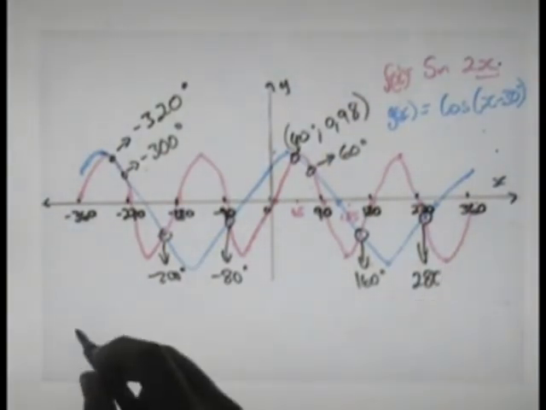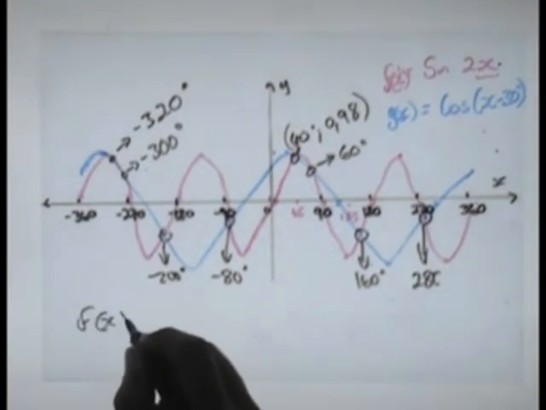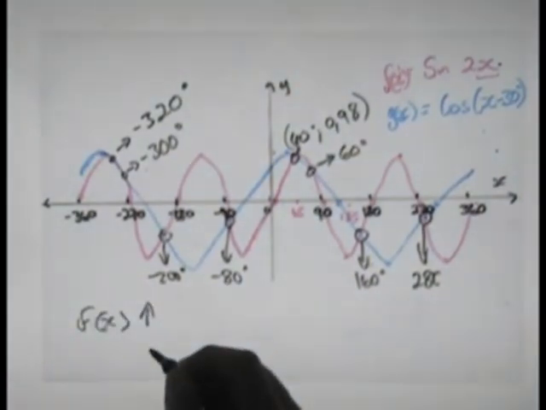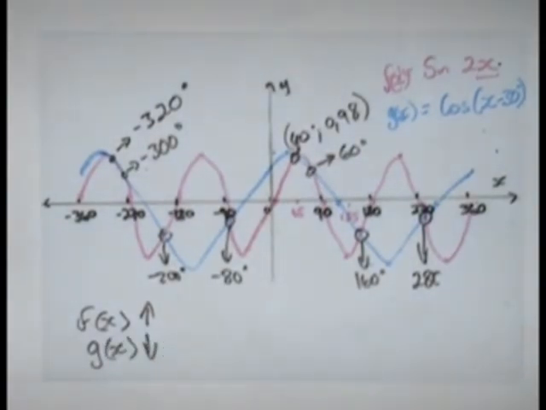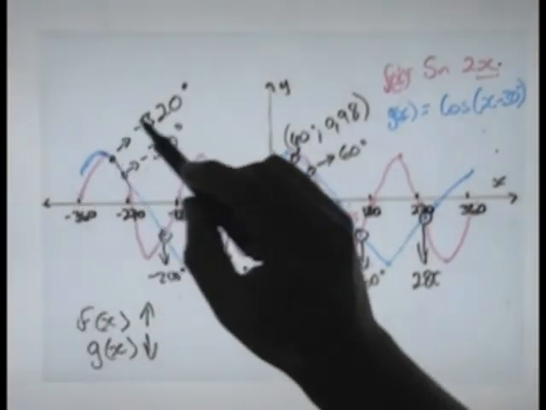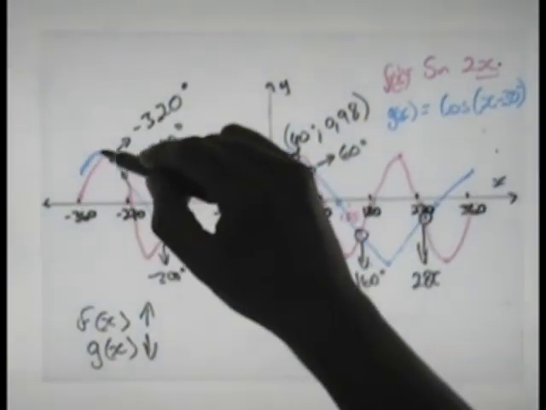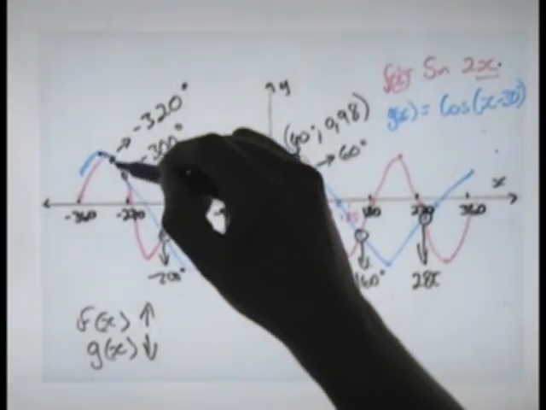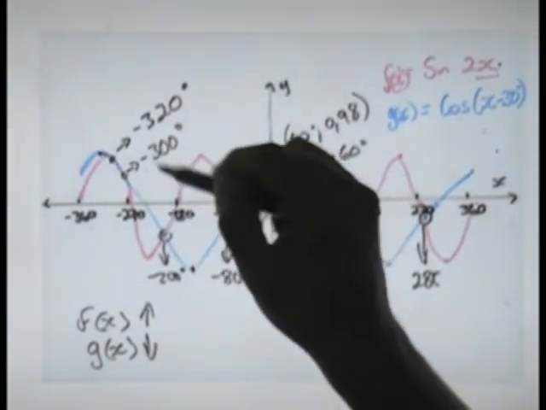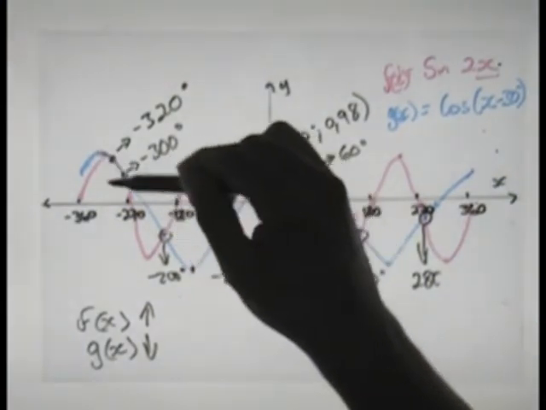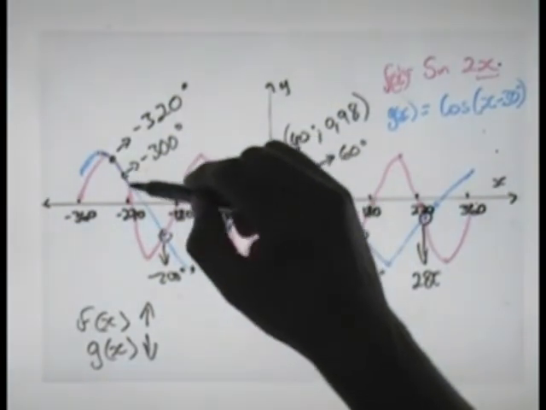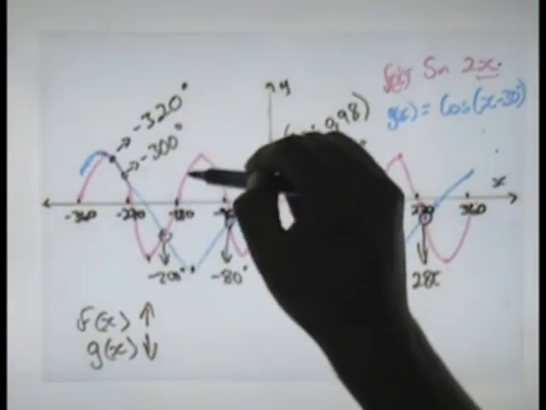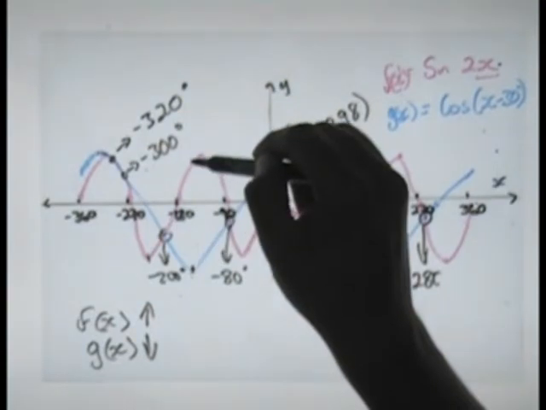The last thing I asked you for was, when is f of x increasing at the same time g of x is decreasing? Now let's look at this. G of x is the blue graph. The blue graph is decreasing from there all the way until there. At which point between that is f of x increasing? F of x is increasing from there all the way up to there.